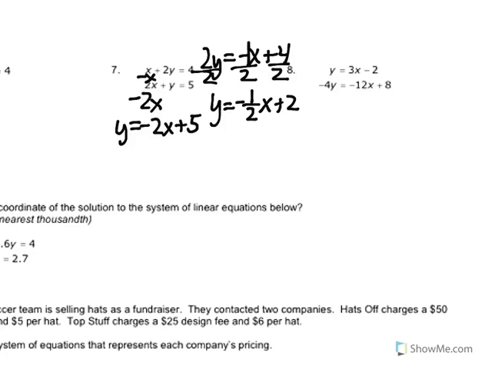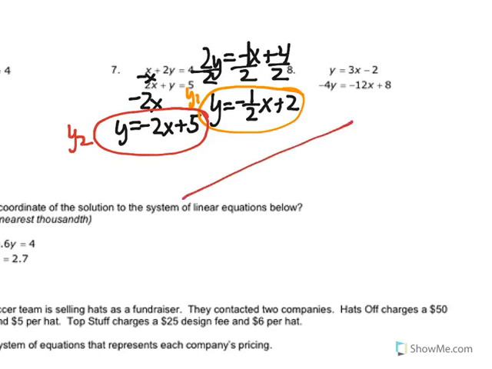So now that our two equations are solved for y, let's put one of them into y1 and put the other one into y2 in your calculator. Then hit your graph button. And actually, these are both going to have negative slope.